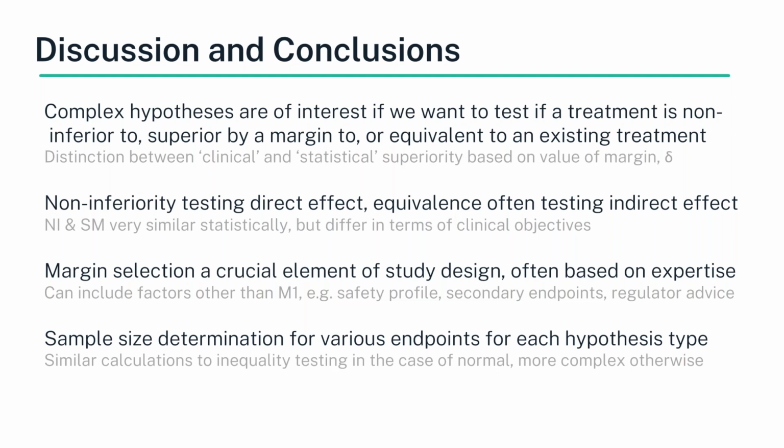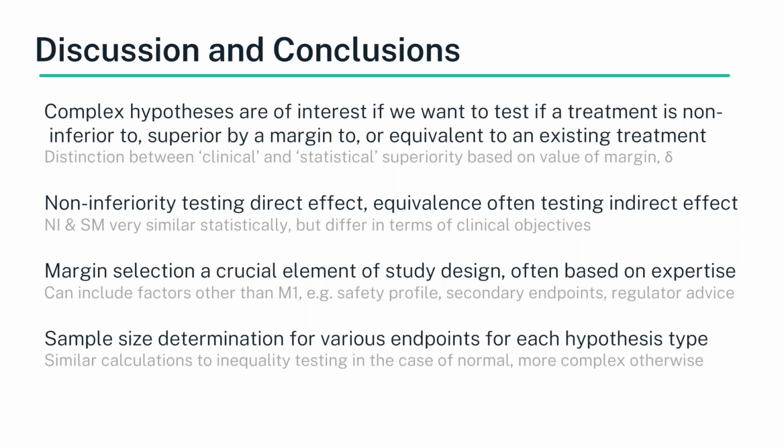And then in terms of statistical measures, non-inferiority and superiority by a margin are very similar, but the difference is in their clinical objectives. And so margin selection was the common thread between all of these hypothesis types.